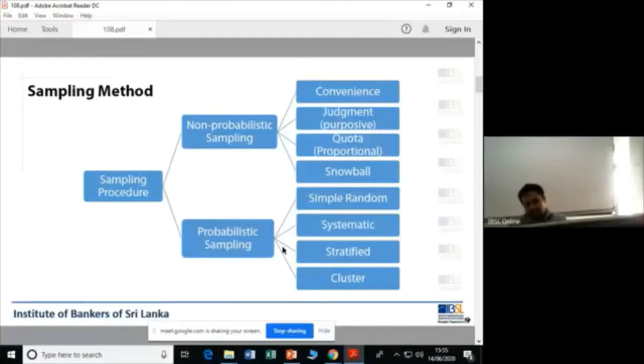chart will depict how the sampling procedure, selecting that smaller population, can be classified into different types of sampling techniques.